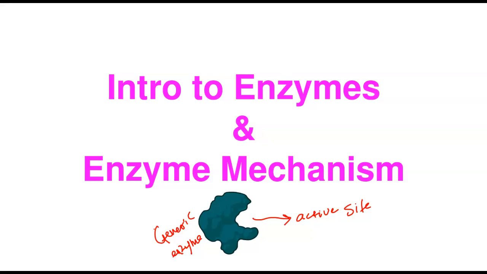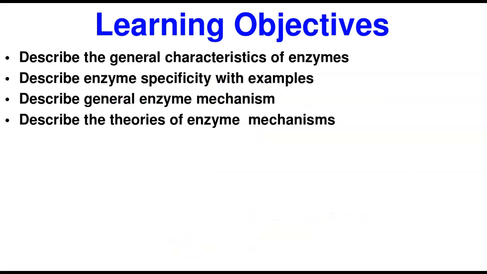Let's get into this. It will be an interesting one. We have 4 learning objectives here. Number 1, we're going to describe the general characteristics of enzymes. 2, we'll describe enzyme specificity, and understand what this means with examples. Then we'll describe the general enzyme mechanism or catalysis. If you don't want to use the word mechanism, you can always use catalysis.